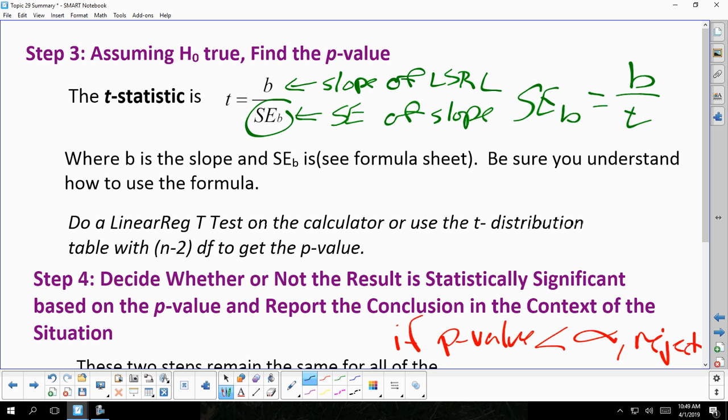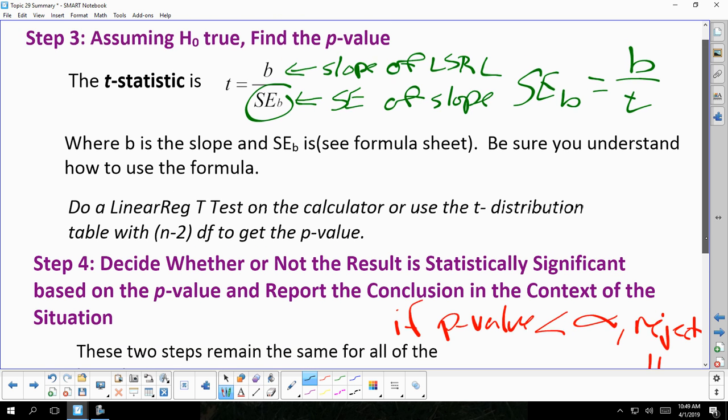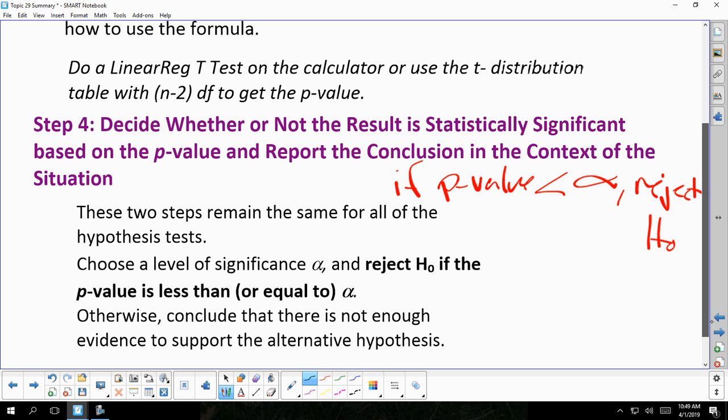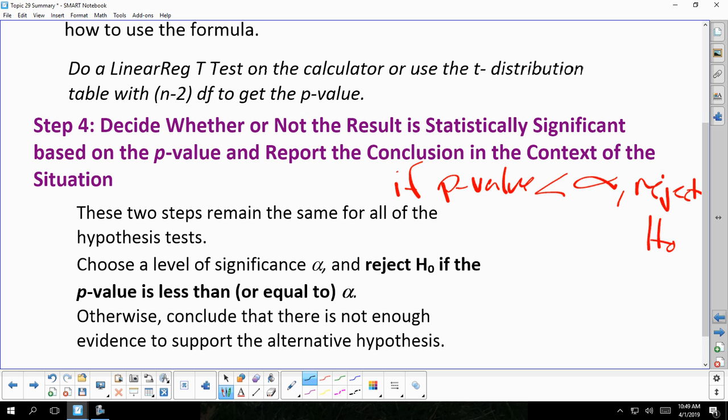And then the last part, decide whether or not we got statistical significance. This is the same thing we've said for every hypothesis test throughout this year. If the p-value is less than your significance level, we reject our null hypothesis and say there's enough evidence to conclude that the slope does give us meaningful information about the relationship between the 2 variables.